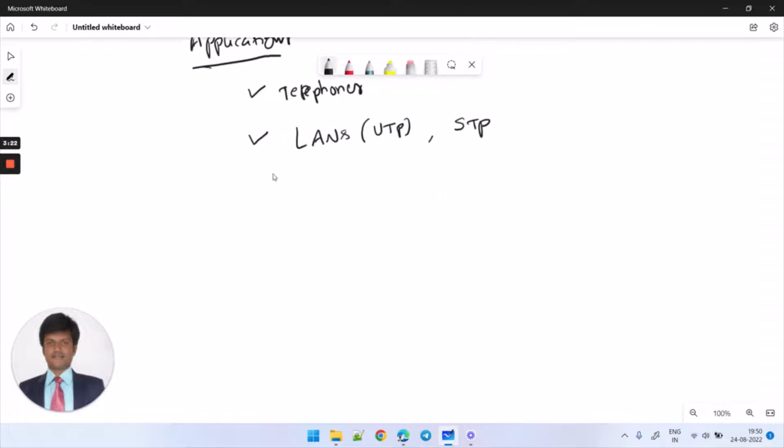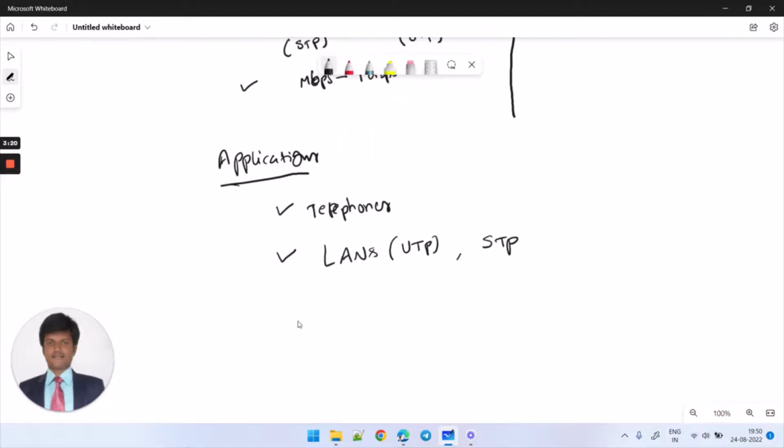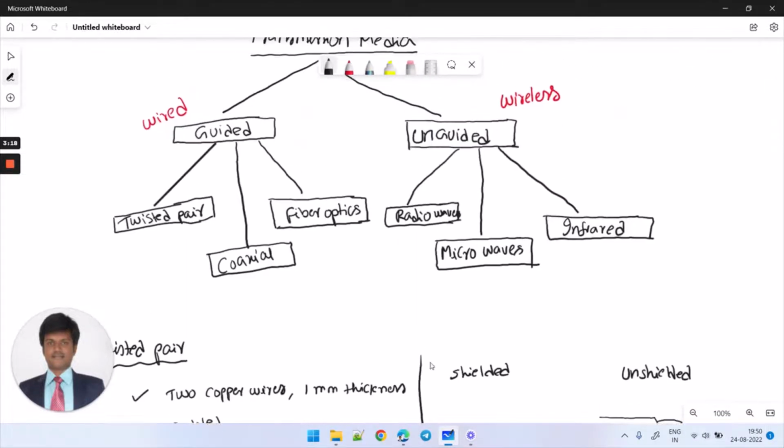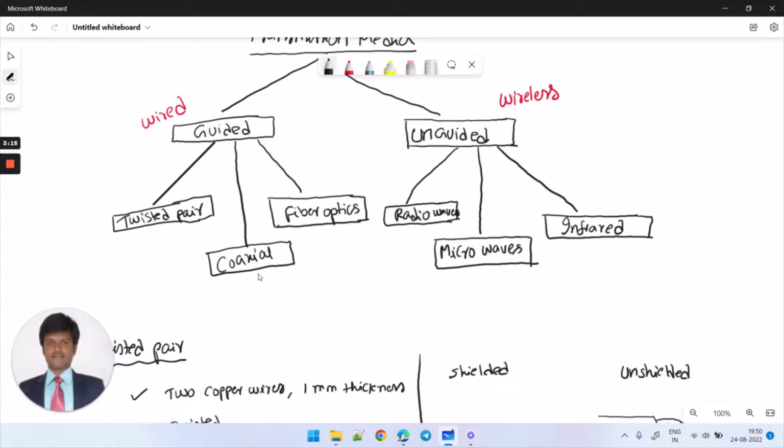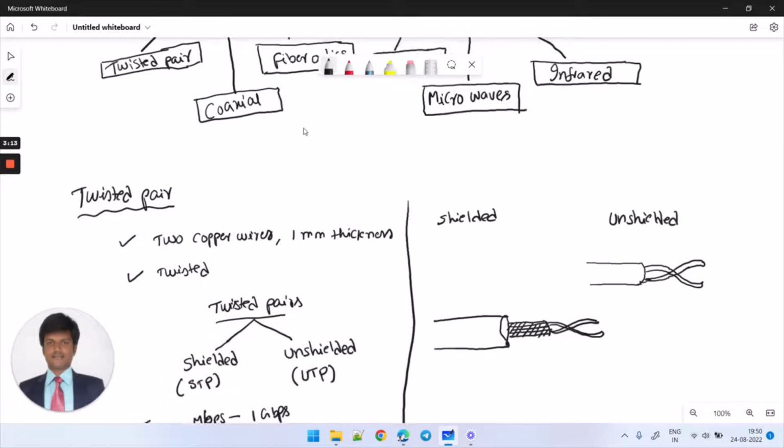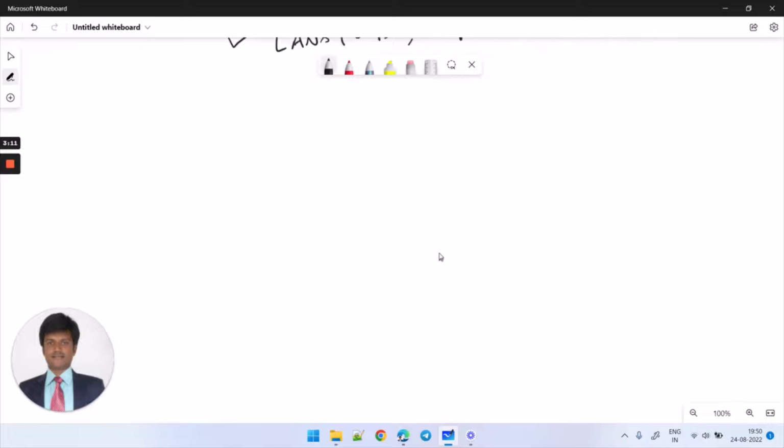The second type of guided media is the coaxial cable.